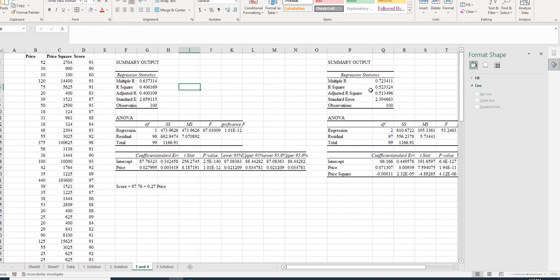So considering the accuracy, it is possible to say that the second order is very much fit when compared to the first order, because the first order's R square value is lower compared to the second order regression. Okay, so we compare these things and conclude which option is the best one, normal linear regression or second order linear regression.